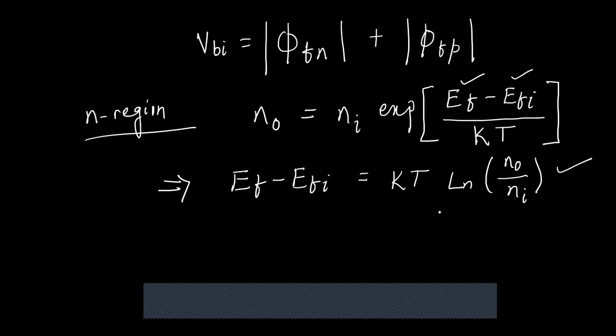Now n0 is the electron concentration. For n-type material, we can consider this n0, the total electron concentration, to be nearly equal to the donor electrons present. Why so? Because, as I told you in part 1 of the previous video, the total electron concentration should be Nd.